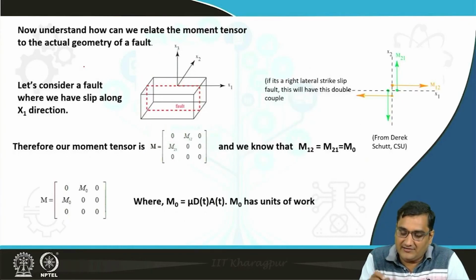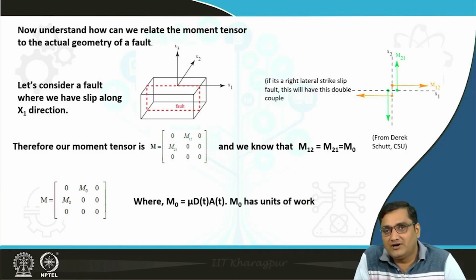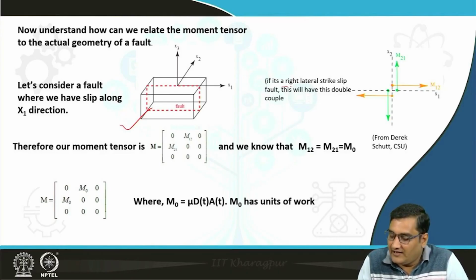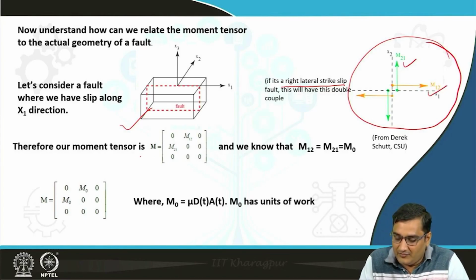Now let's understand how we can relate the moment tensor to the actual geometry of a fault. Suppose you have this fault, where we have the slip along the x1 direction, and it is a right lateral strike slip fault. Then it will have this double couple M21 and M12. In the moment tensor, it can be represented by this, where you have M12 and M21.